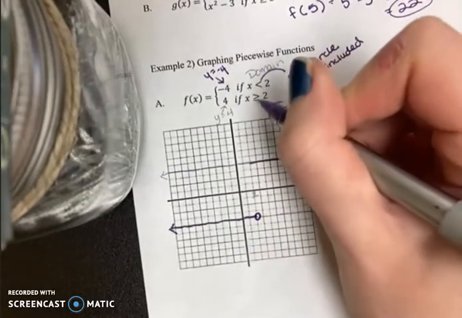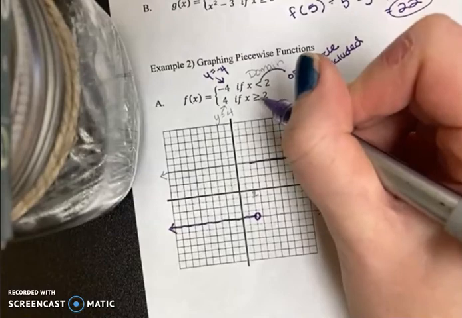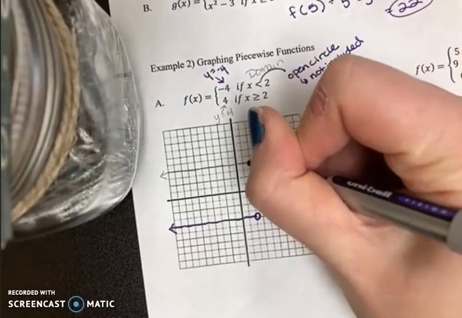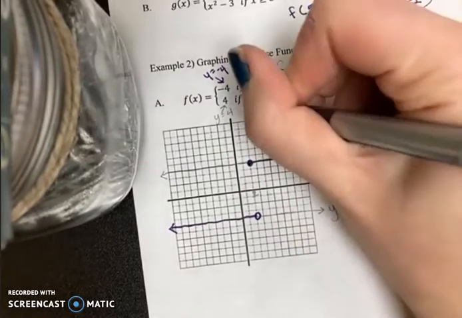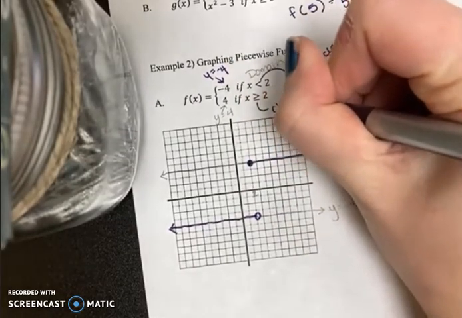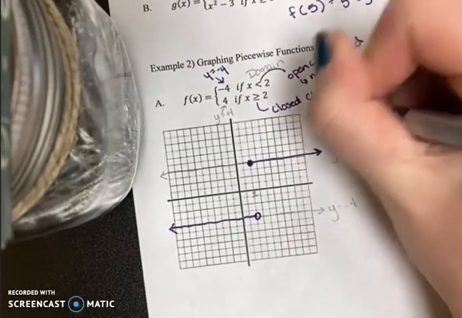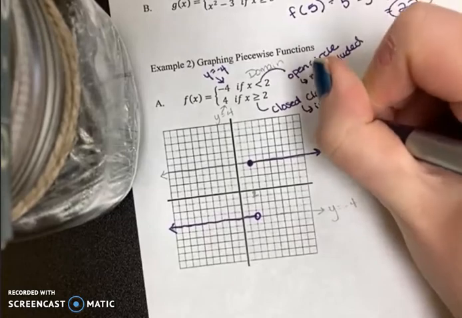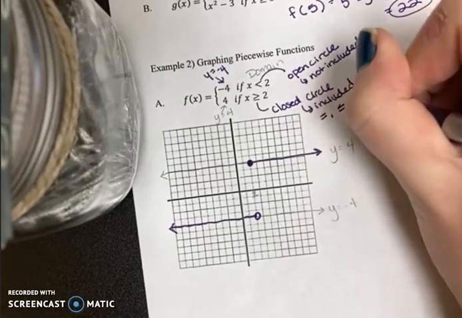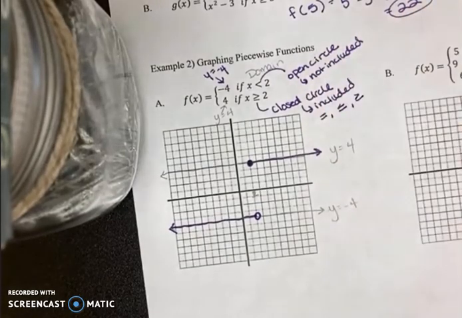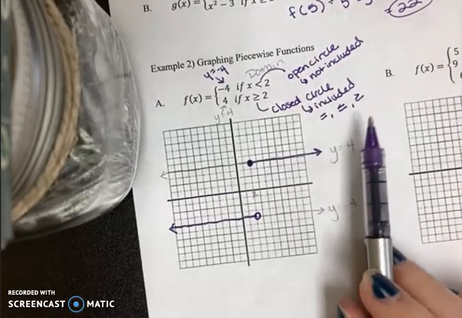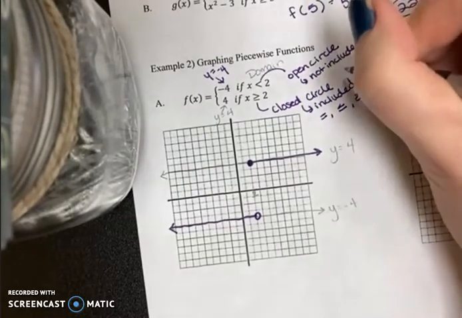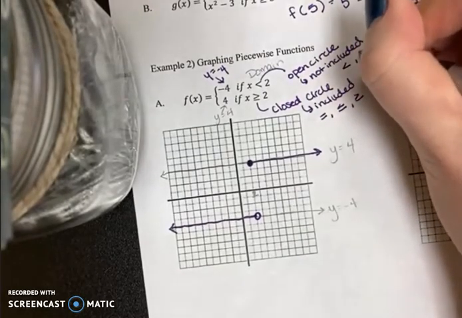And it says greater than or equal to. So that means 2 is included. I want to use a closed circle here. Closed circle for when it's included. So we would do that when we have greater than or equal to or less than or equal to. And we use the open circle for less than and greater than.